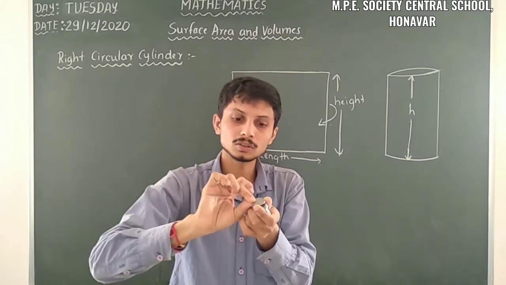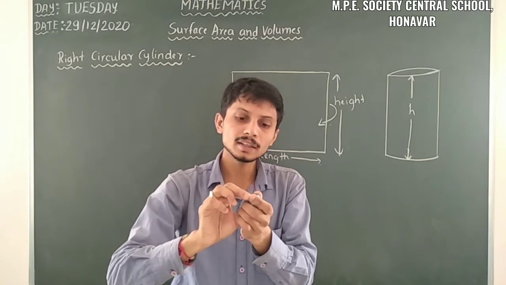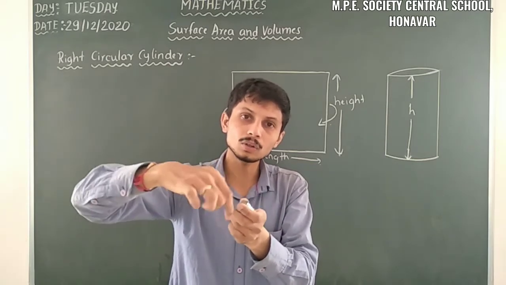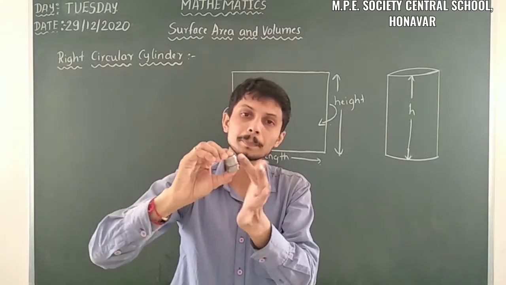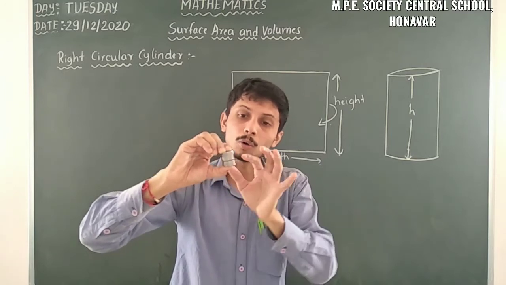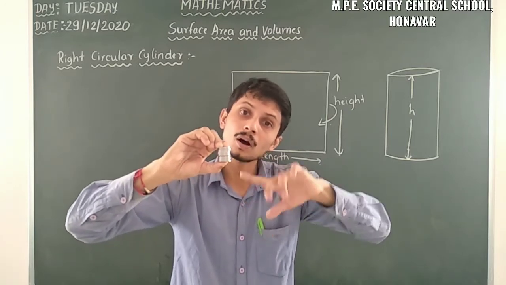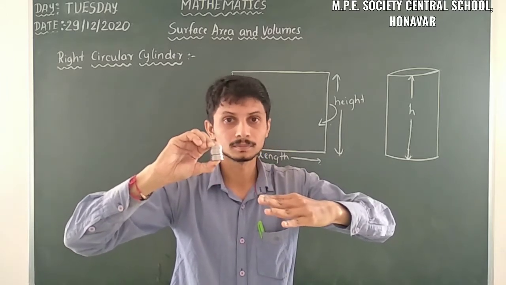That's why we can neglect the inner surface area and take only the outer surface. That means we take only the perimeter of the circle. How many perimeters of circles are there? It depends on how many coins there are.